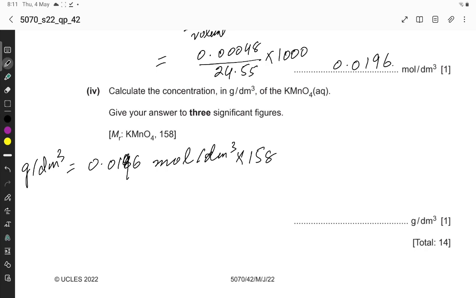The answer is 0.0196 into 158, which is equal to 3.09. The answer is in 3 significant figures.